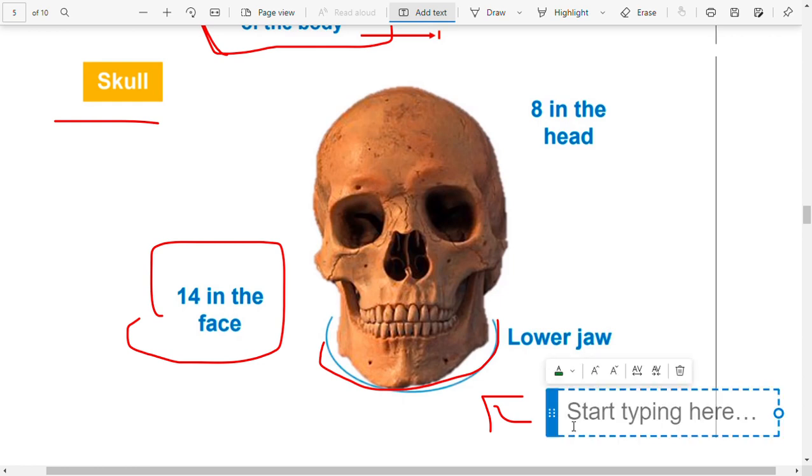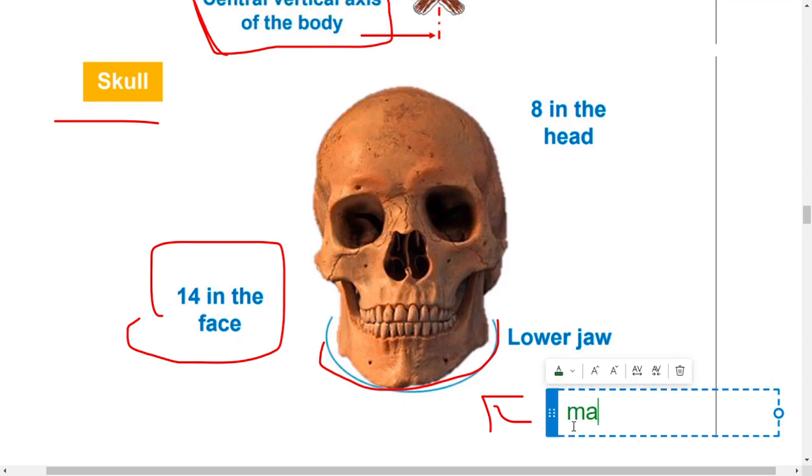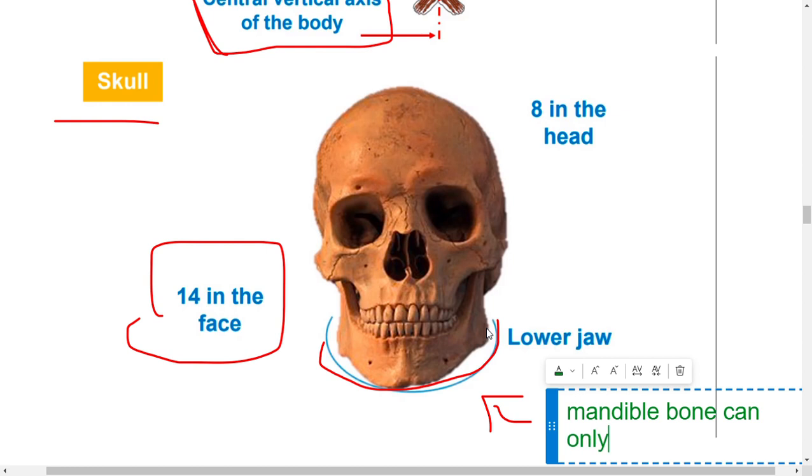The lower jaw is also called the mandible bone. It only can move. Other bones are immovable. I hope you have listened to this sentence properly. Only the mandible bone can move. Other bones of the skull can't move.